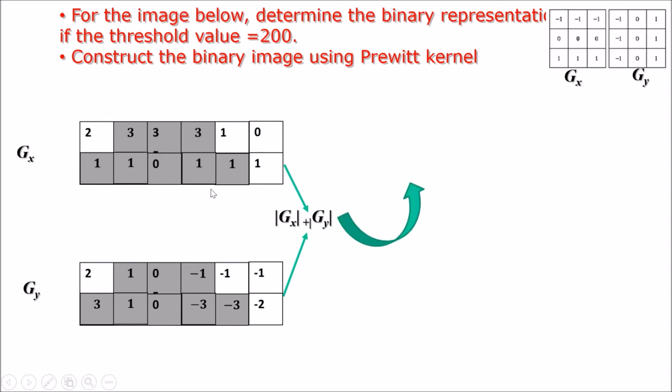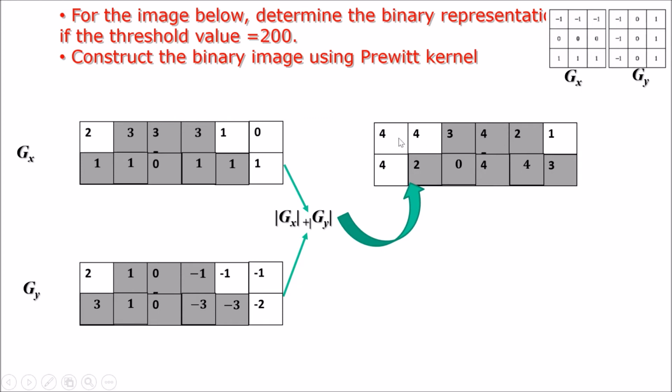So let's say for this case, 4 here is actually 2 plus 2, so you have 4. Let's say I pick up some value here, so 1 here is 0 plus the absolute value of negative 1, which is equal to 1. So it can be simply calculated by using a simple addition operation.